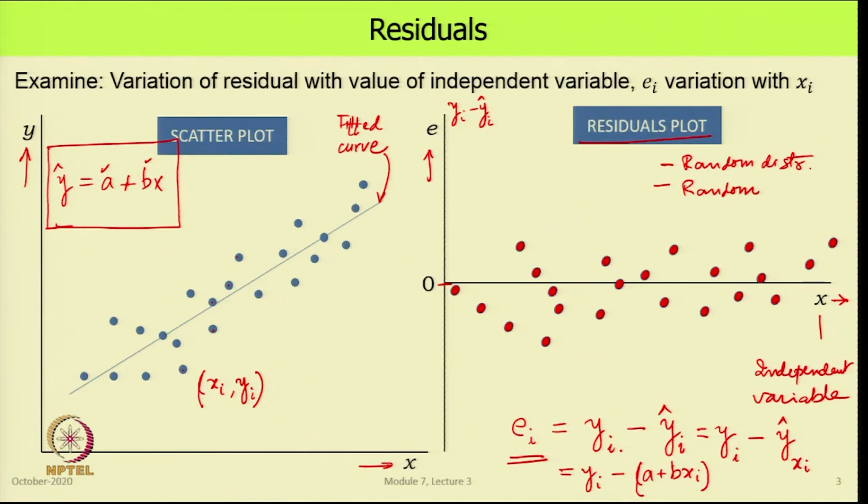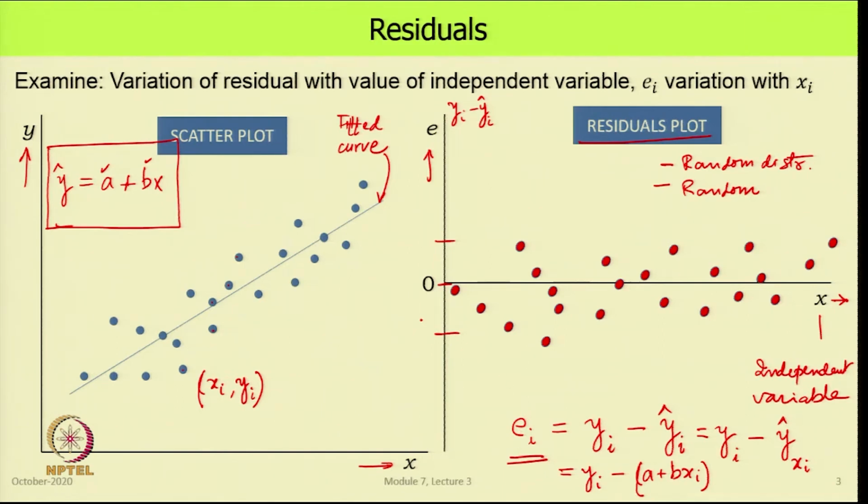If this is how our residuals look, then it tells us that fitting a linear regression to the data was justified. The magnitude of the residuals can also tell us how good our fit is.